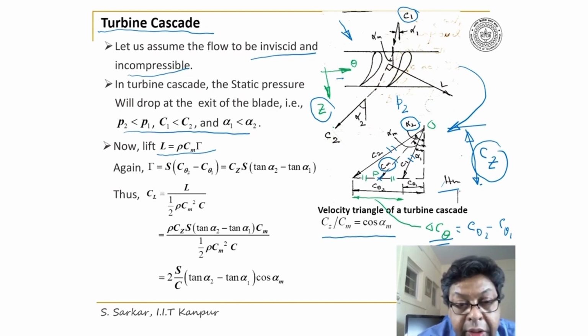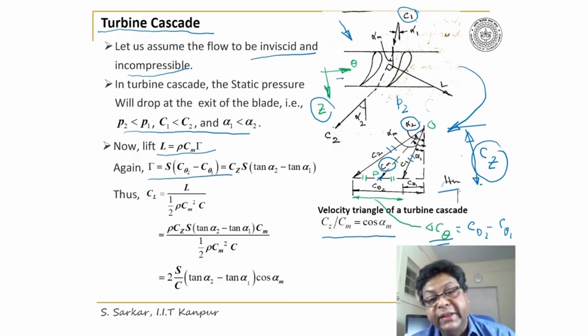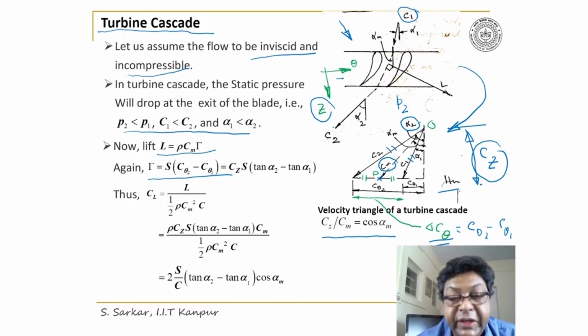Now, here I can write gamma is equal to S into c theta 2 minus c theta 1 for a turbine blade, and thus using the velocity triangle, I can write Cz into S into tan alpha 2 minus tan alpha 1.